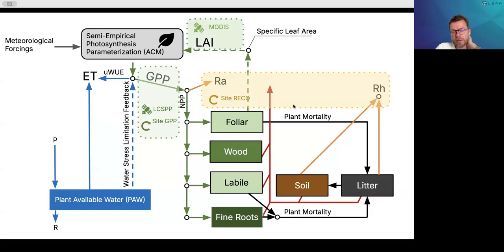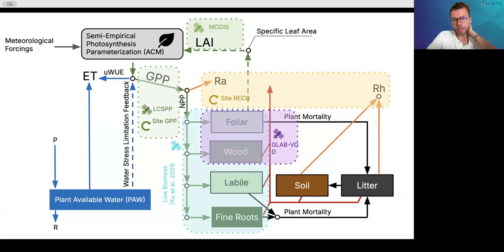At sites, we can have some information on leaf area index as well. We can have some constraints on the total amount of above ground biomass that we get from satellite data, from microwave data in that particular case. And then we can have some other estimates of live biomass as well, more static maps.